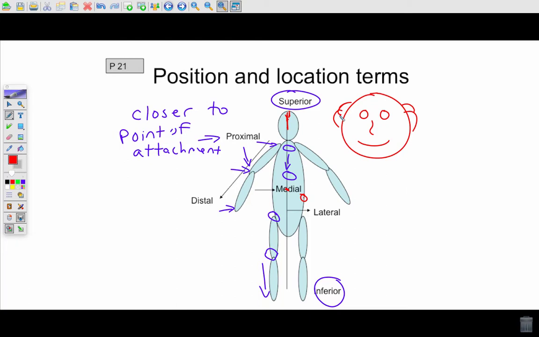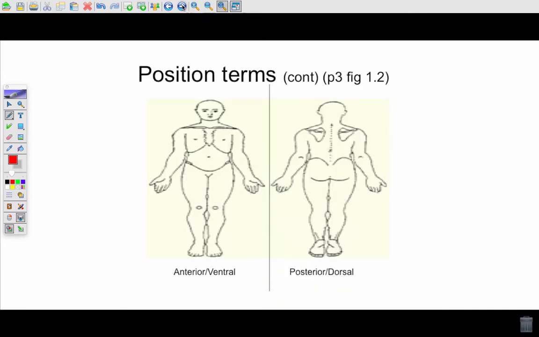Really, your eyes are pretty much on the same level, so they're neither superior nor inferior. But your nose is superior to your mouth and medial to your ears. So just try to think about that in different contexts and ask yourself different questions.